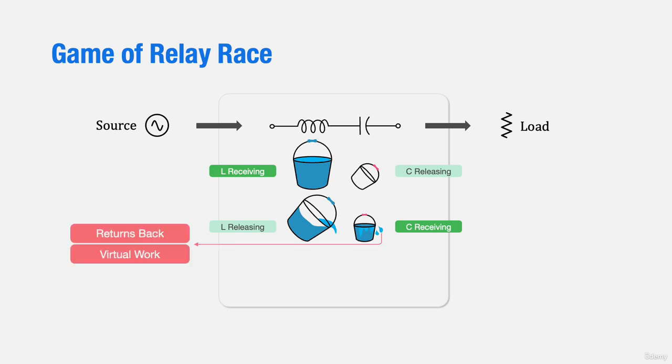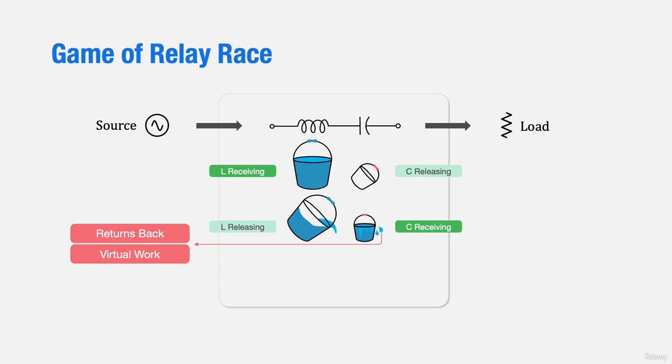Where does the excess energy go? It returns to the source. This is because when the capacitor receives energy, it cannot release energy at the same time. In this half cycle, any excess energy cannot be released to the load and must return to the source.